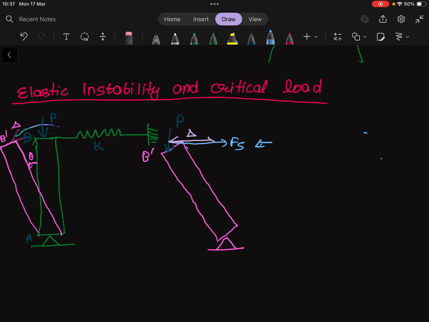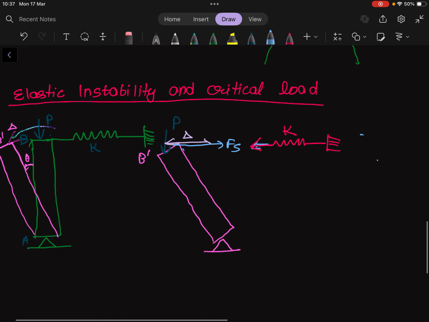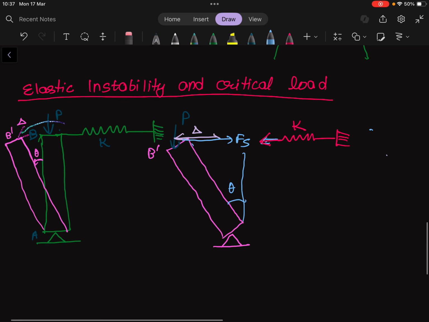This is the dissected part, this spring part, K. And this is our theta angle from where the column is rotated. So the spring force is given by the equation Fs equal to K delta. K is the spring constant.